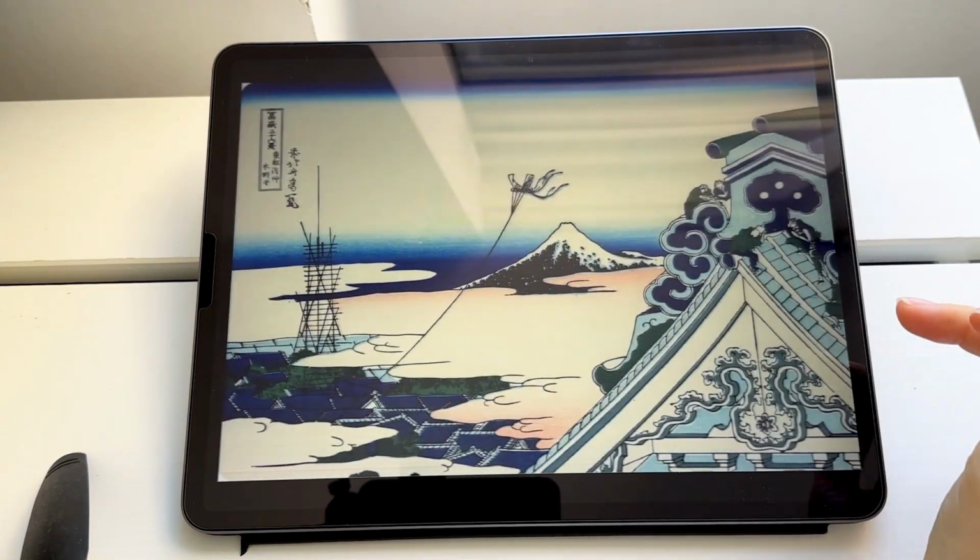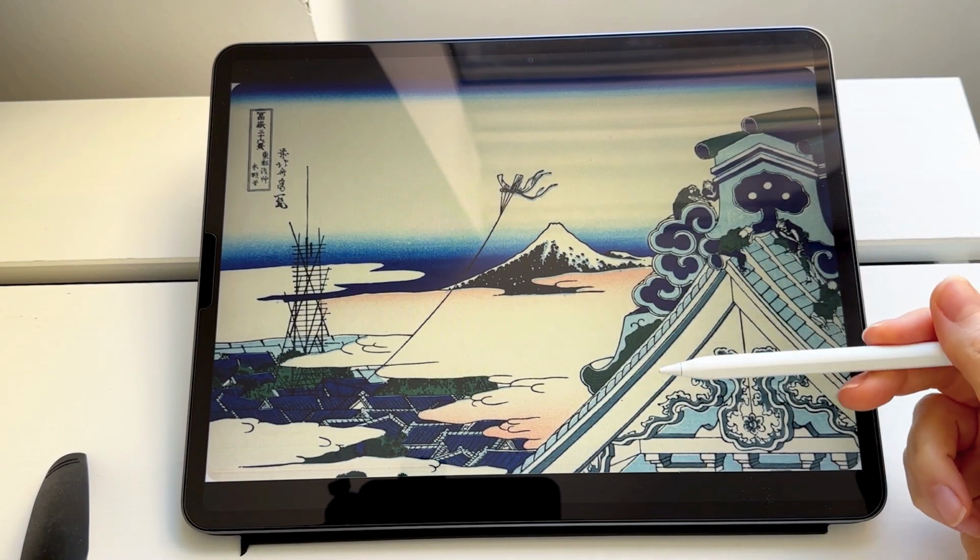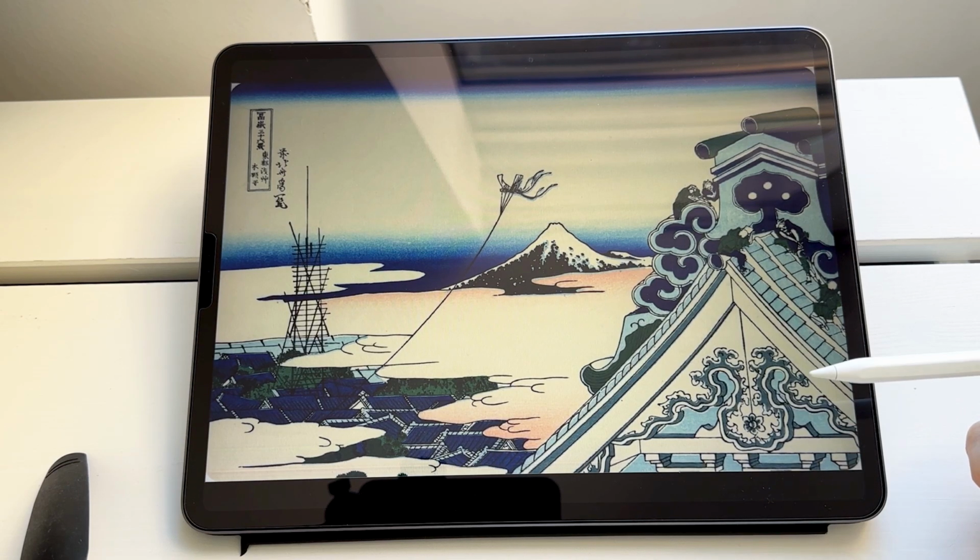One more masterpiece from this series. Here we can see some sacred place, some temple, very decorative, and at the same time we admire the beauty of Fuji.